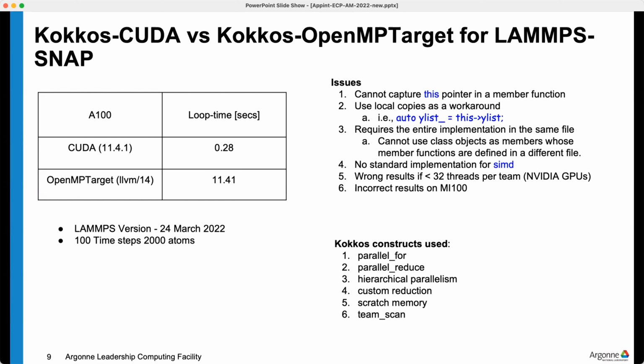So the fact that we were able to run this with the OpenMP target backend, at least we consider it a success in the current stage. We're working towards getting it more efficient and to get it to run on more than NVIDIA GPUs. Next slide, please.